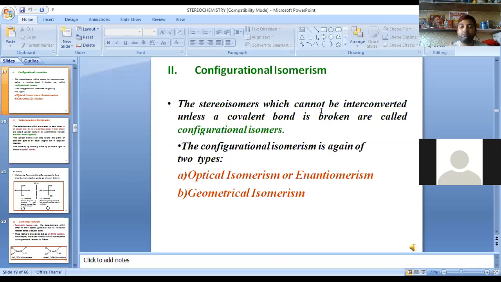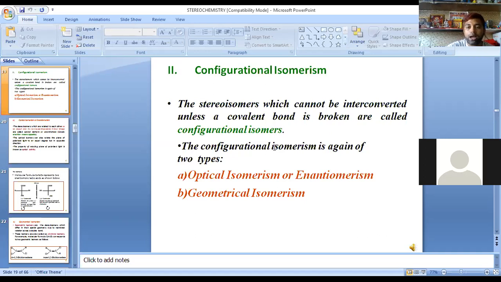There is a double bond or triple bond between two carbon atoms.